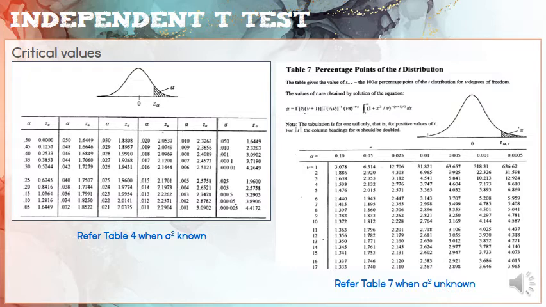So since this is hypothesis testing for two different mean, if the population variance is known, you refer table number 4, Z table, but if the population variance is unknown, you refer the T distribution table. So, nanti kita akan tengok example.